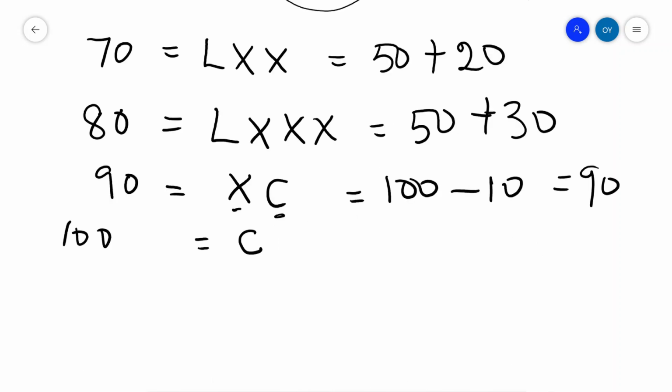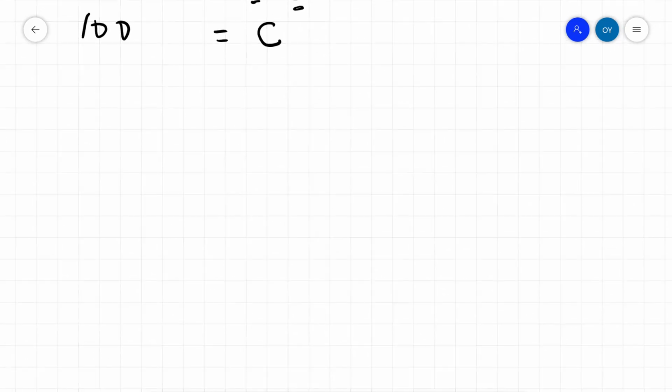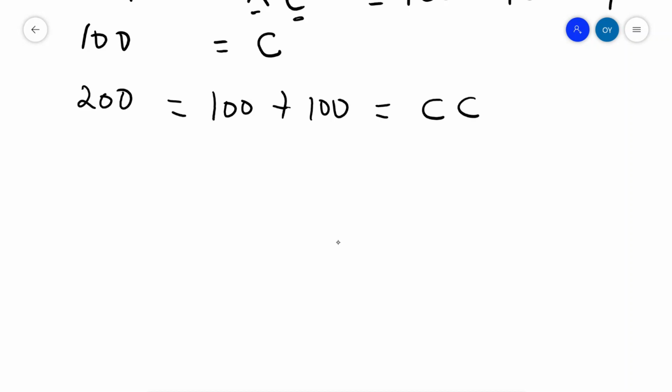We use them to translate from Roman numerals to figures, and writing from figures to Roman numerals. Now we're going to write 200. 200, which is 100 plus 100, is CC. So this implies that 300 is CCC.